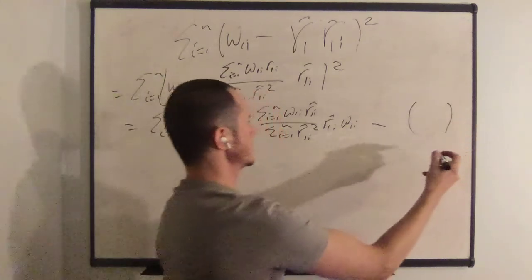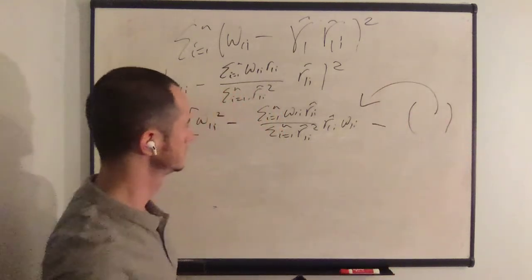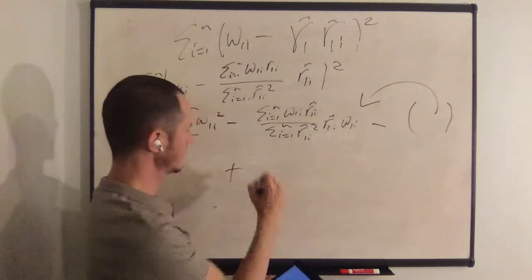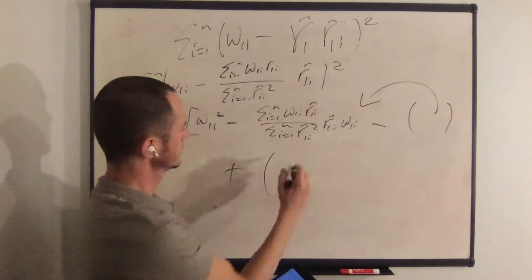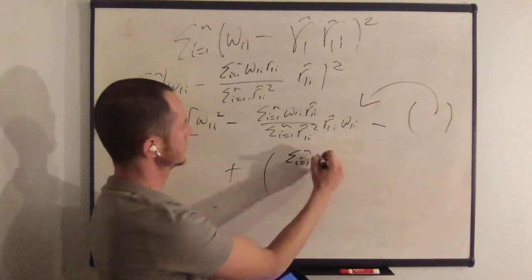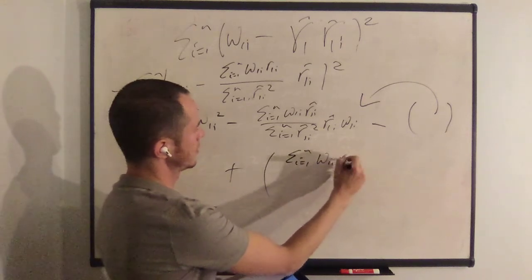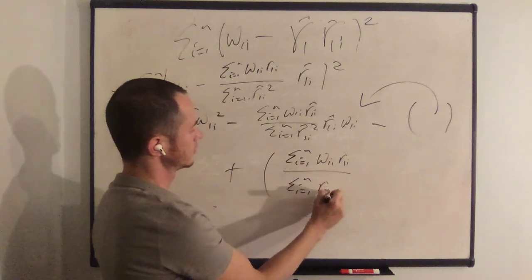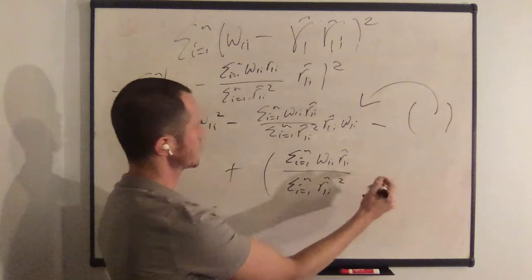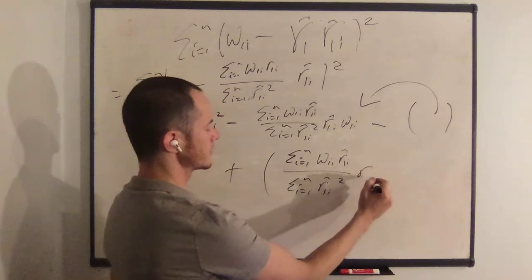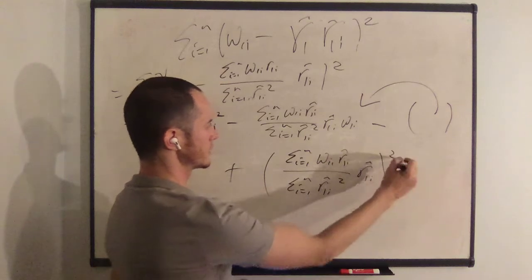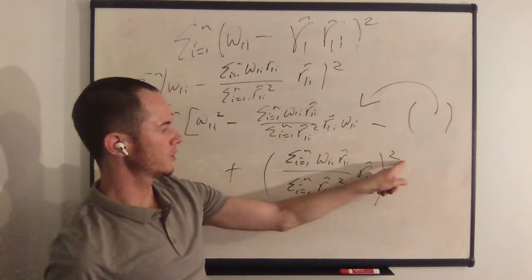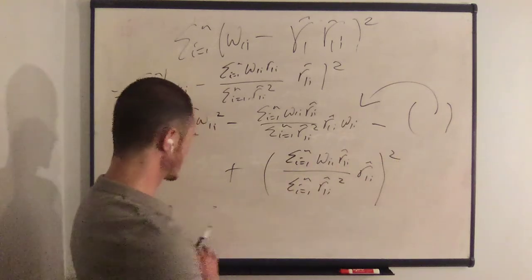So I'm just going to do parentheses, plus this thing squared, the sum from i equals 1 to n of w1i r1i hat all over the sum from i equals 1 to n of r1i hat squared, that's squared.